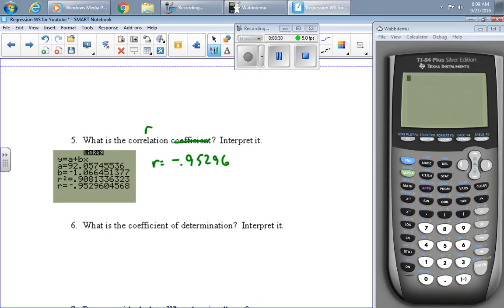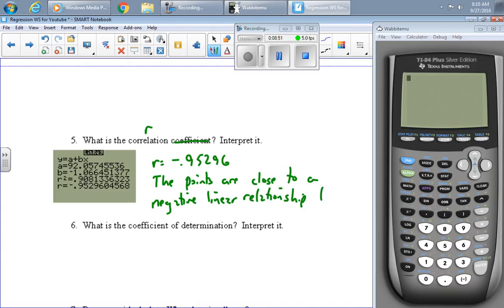So if I treat it as linear, the points are close to a negative linear relationship between hours trained and hours lost. Again, putting it in context. That doesn't necessarily mean the data are linear, but if I treat them as linear, that relationship is really strong because R is really close to -1.